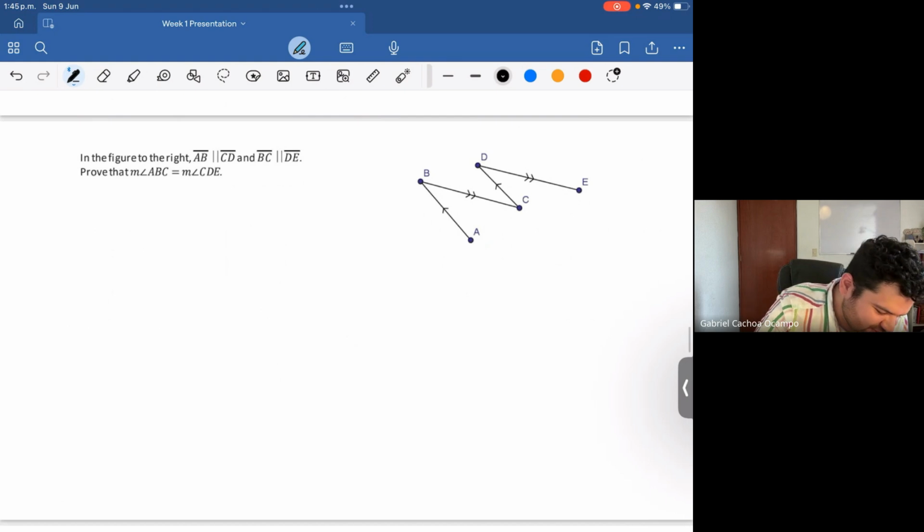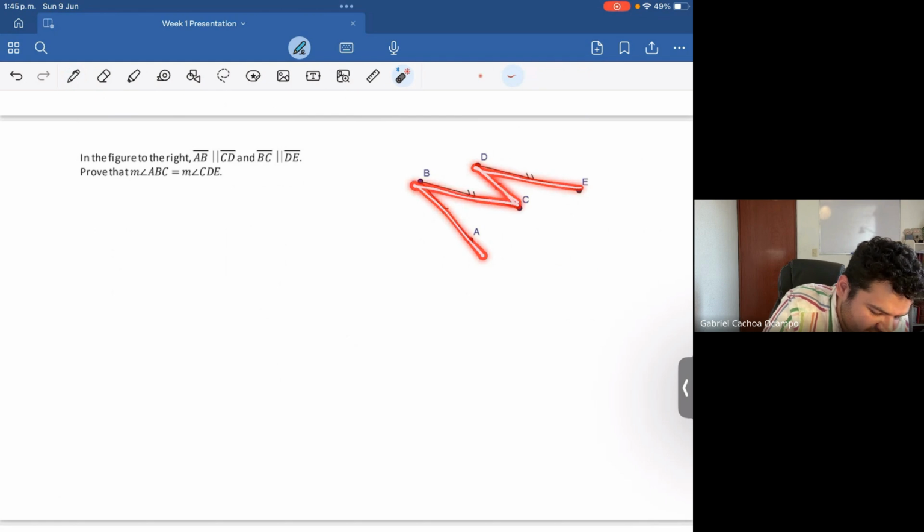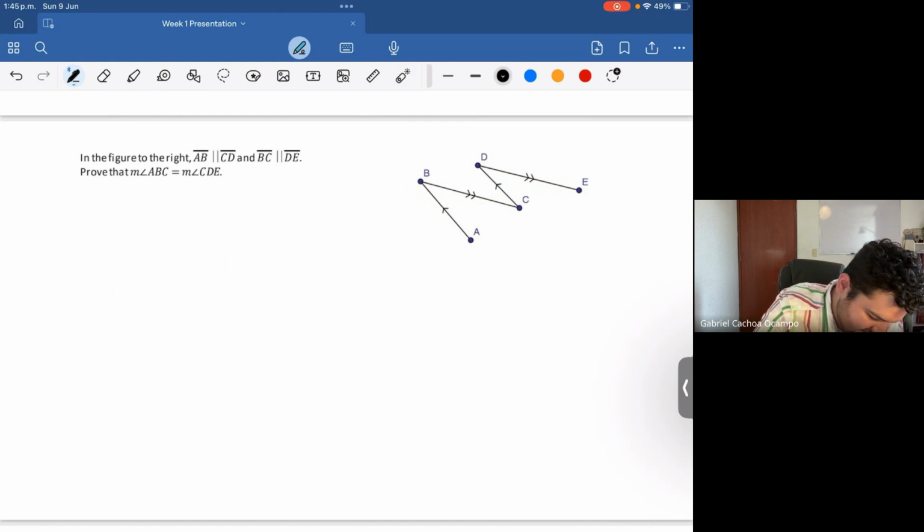Now this is a super cool one because it has a lot of Cs. This is parallel to this, and this is parallel to this. So here you have a lot of Cs. We want to show that angle ABC is the same as angle CDE.